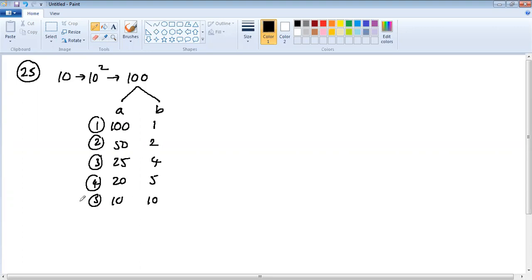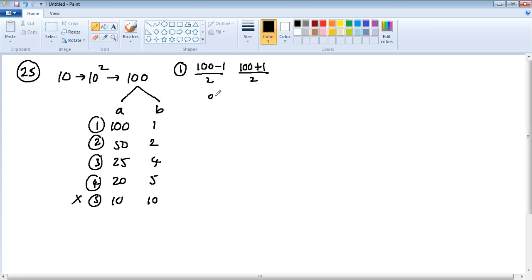But the fifth is not allowed. It is asking for 3, so you can solve any 3 out of these 4. I'll solve all. And the method is (a minus b) upon 2, (a plus b) upon 2. First, 100 and 1: (100 minus 1) upon 2, (100 plus 1) upon 2.